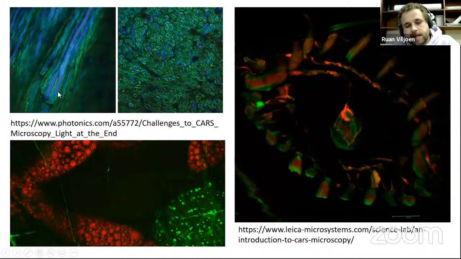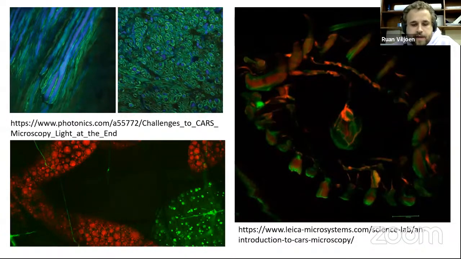So it's really a complementary technique that you can use in conjunction with other imaging systems. It's also quite typically used to image lipids or fat cells in biological samples, as we see here. And it's also superimposed with a different technique so that you can get a more complete image of your biological system.